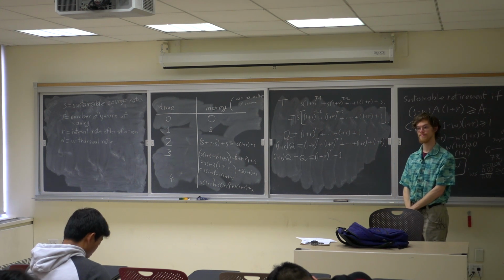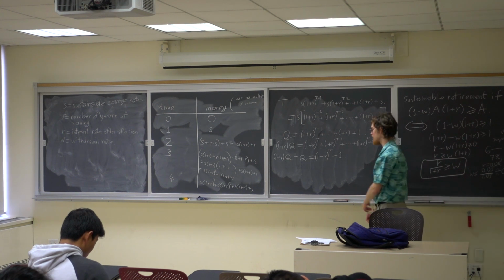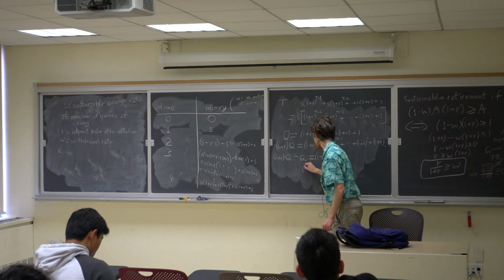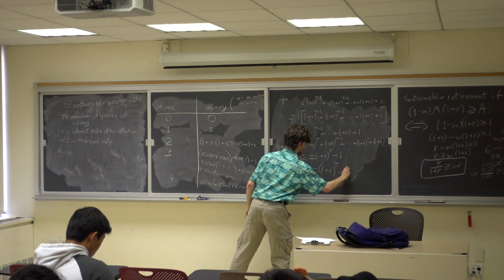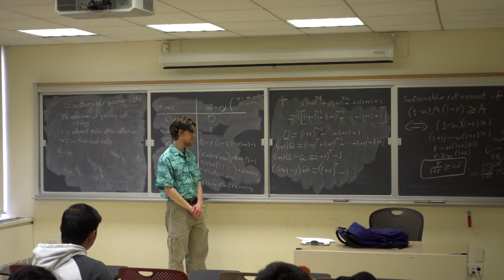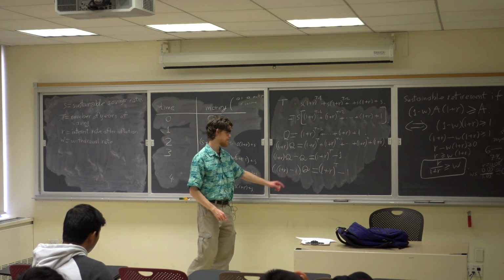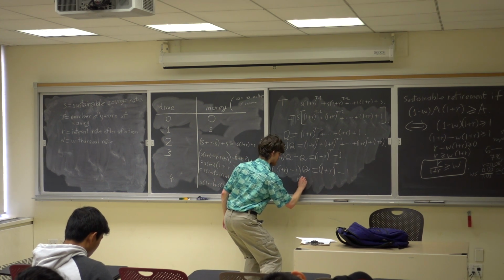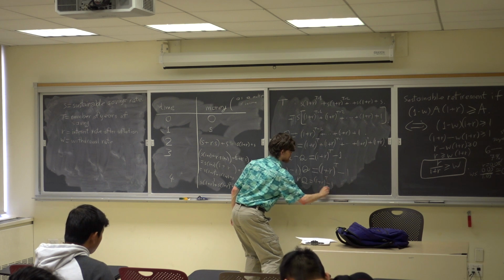Now on the left side, I can factor out q. I just factored out q on the left, and then 1 plus r minus 1 is just r. So I end up with rq equals (1 plus r) to the t minus 1.